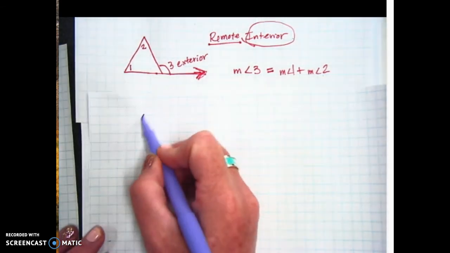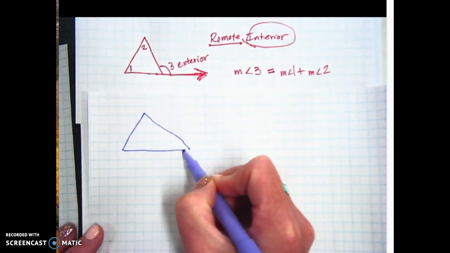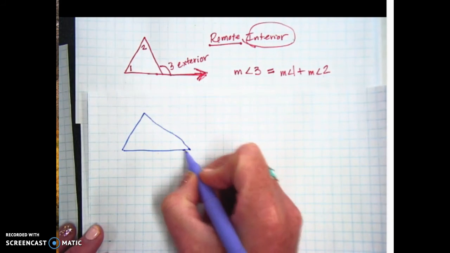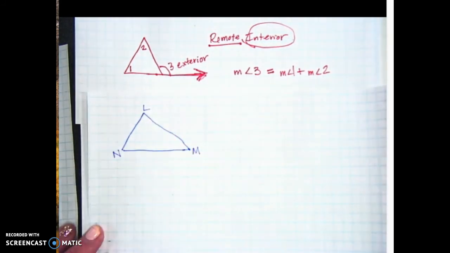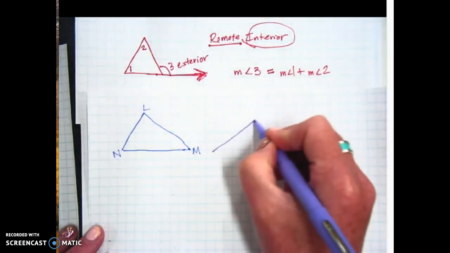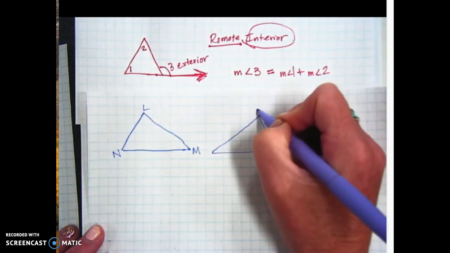Okay, so for this one, we need to draw 2 triangles. So this first triangle is LMN. The second triangle is RST.